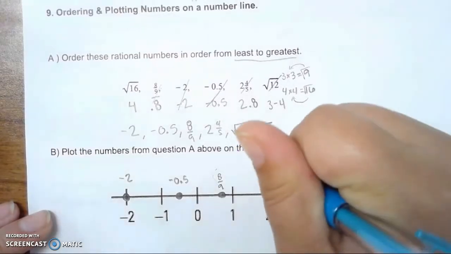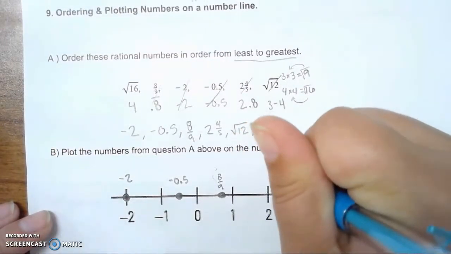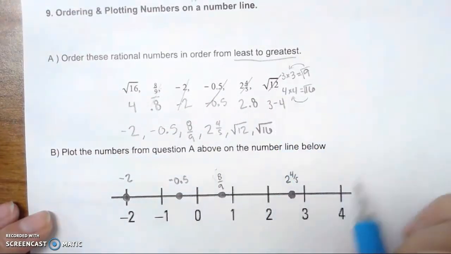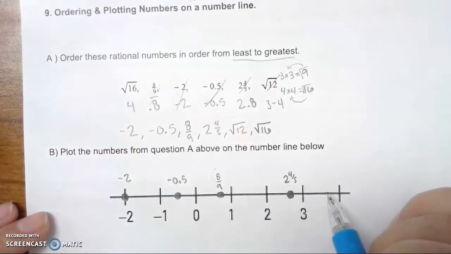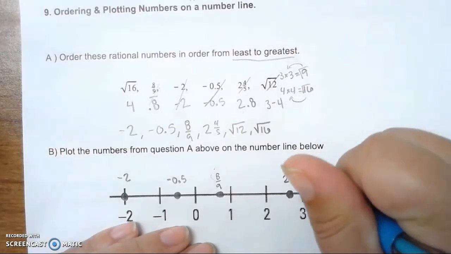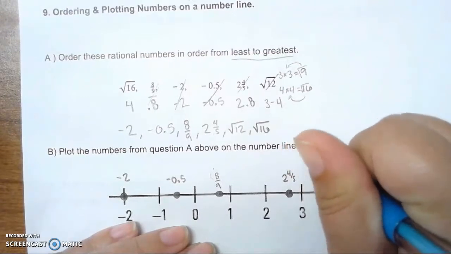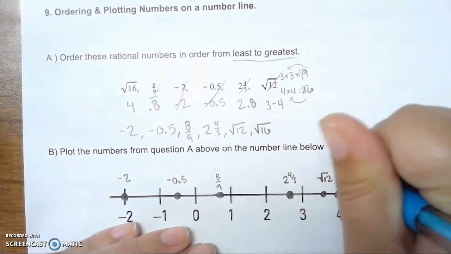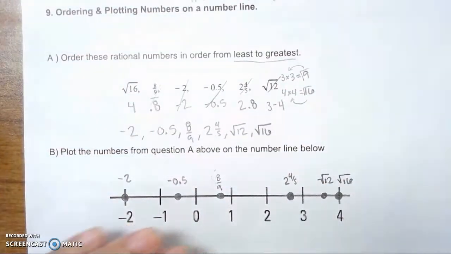So that is 2 4/5. Next I have between 3 and 4. So you can plot anywhere between the 3 and the 4. And that's going to give us the square root of 12, and then on 4 exactly will be the square root of 16.